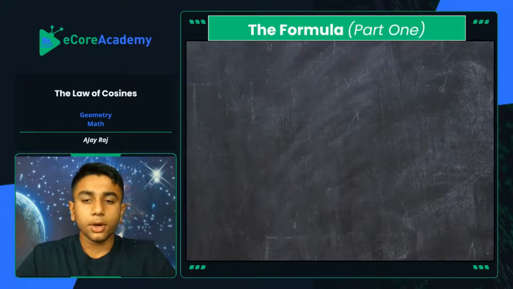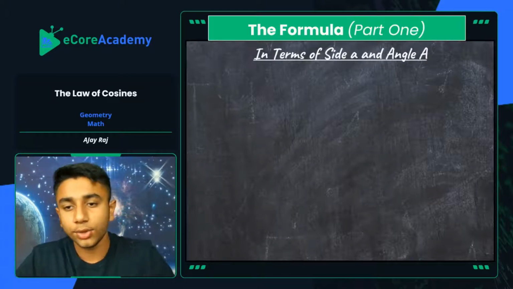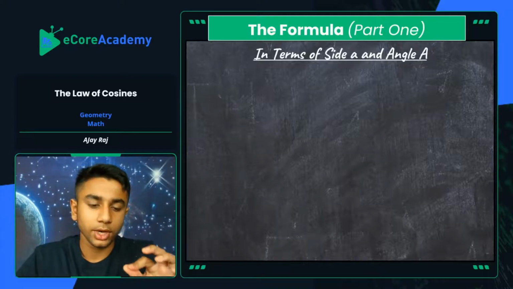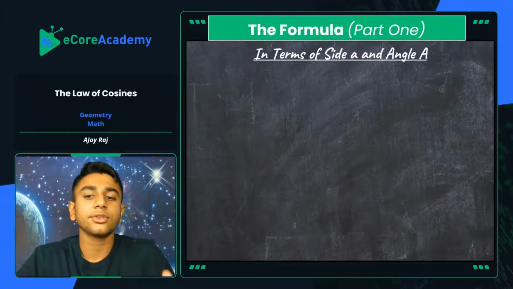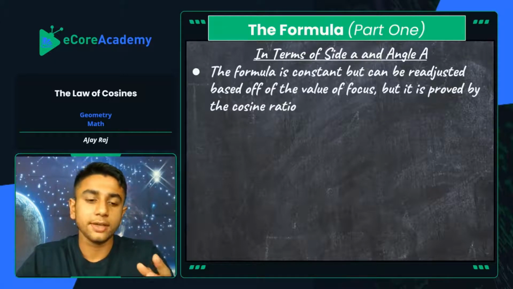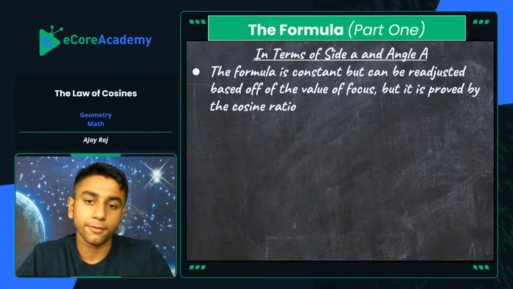So let's look at the formula part 1, and we're going to put this formula into terms of our given scenario. I'm going to refer to the formula in its basic form, what it's normally given as, and this is in terms of side a, and notice how I put side a as lowercase. Remember, when we're referring to a triangle, your angle measures, your vertices, are always capitalized, but your side lengths are always lowercase, and each angle is opposite its same-letter side, but A and a are different, uppercase and lowercase, just to differentiate.